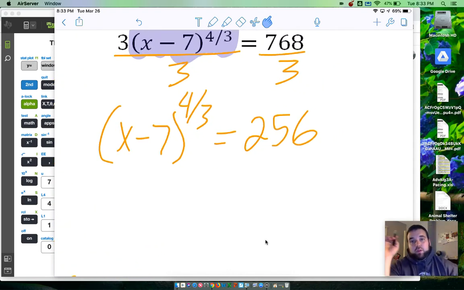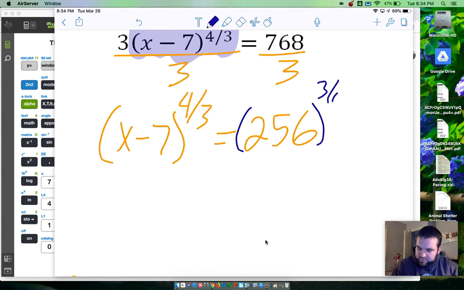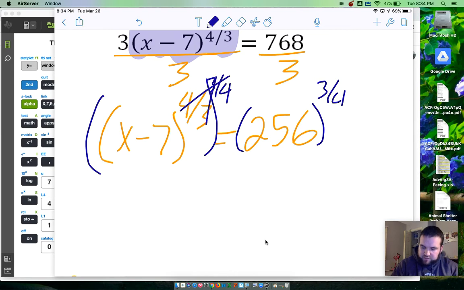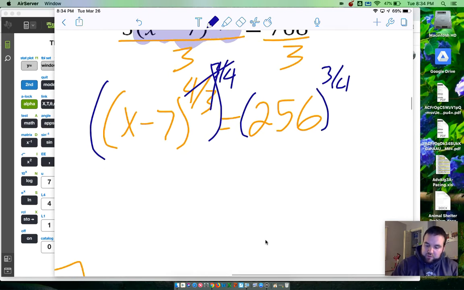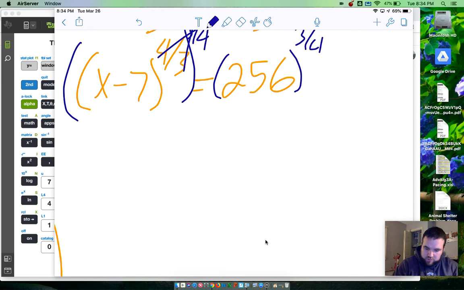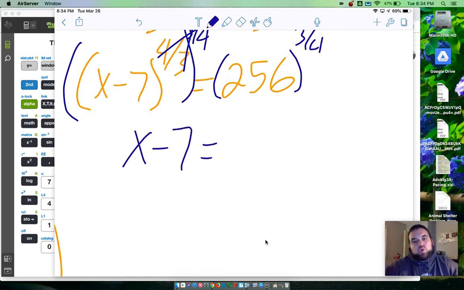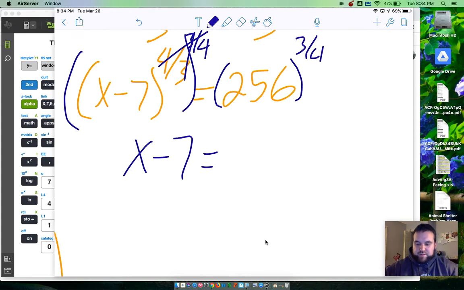Now, in order to get rid of the 4/3 power, I'm going to raise both sides to the 3/4. That's where we use the reciprocal power. So I'm going to take the right side and raise it to the 3/4. When I do that same thing to this side, these reciprocal powers cancel each other out, leaving me with just x minus 7. So I have x minus 7 is equal to 256 to the 3/4.